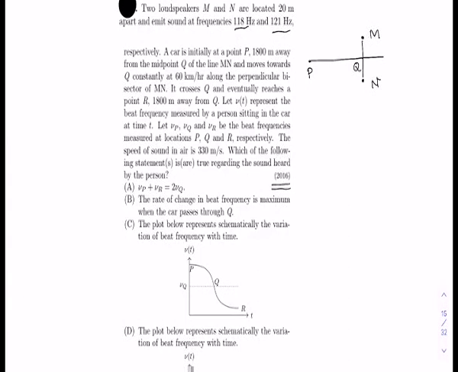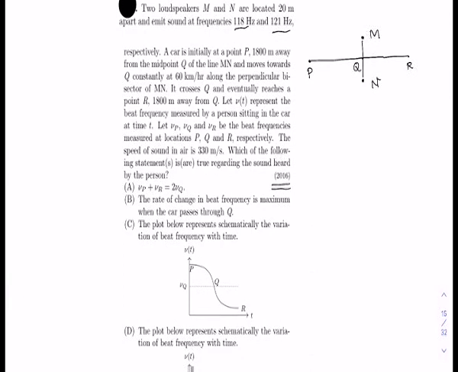It is not proportional, but you can take it to be situated around 1800 meter away from the point Q, and as it crosses Q, it ultimately reaches the other end, that is R, which is also 1800 meter from the point Q. So basically P and R are symmetrically located from the point Q.